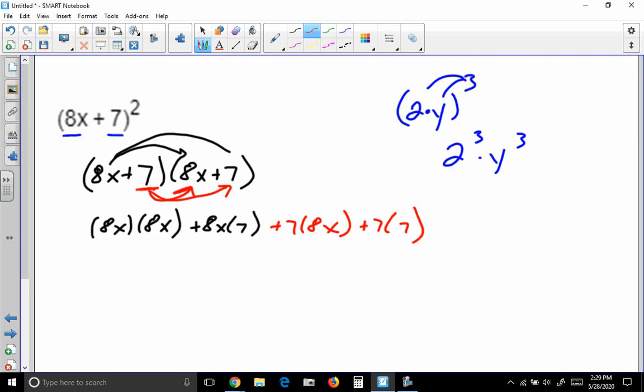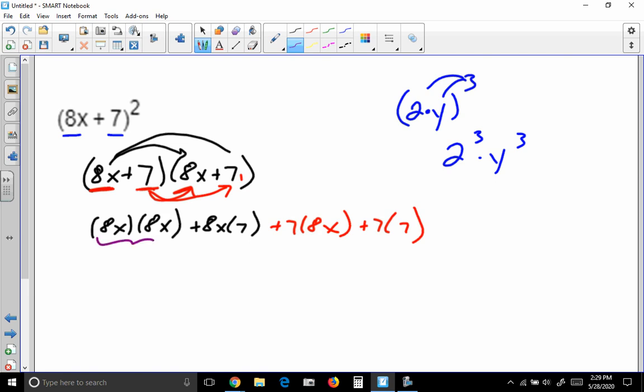So some people remember that as FOIL, first, outer, inner, last. But FOIL only works if it's 2 terms times 2 terms. I just remember it as distribute. Take the first term here, distribute it to the second parentheses. Take the second term here, distribute it to the second parentheses. So that'll work regardless of how many terms we have.